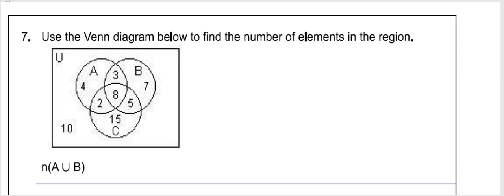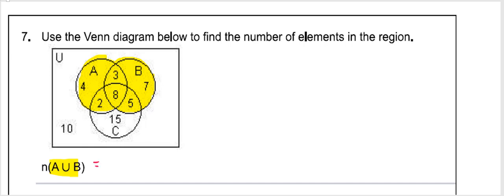Number 7, use the Venn diagram below to find the number of elements in the region. They want you to find the number of elements in A union B. So it can come from A, here, or it can come from B. So A union B is what's shaded there in yellow.